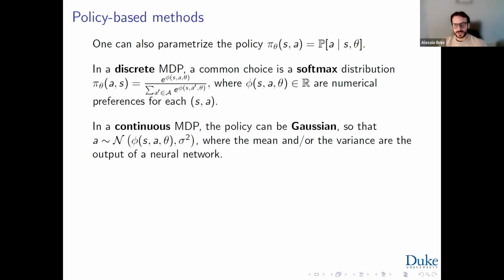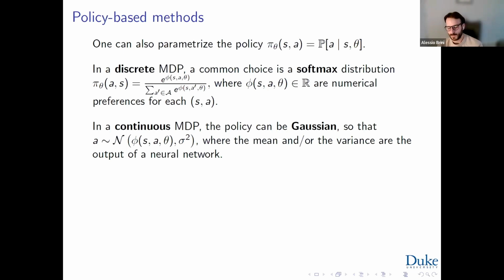Or, most of the time, when you work in a continuous setting where your action needs to be a real value, the policy is parameterized as a Gaussian. So you essentially are trying to learn through a reinforcement learning agent the mean and sometimes also the variance. So you're trying to learn the parameters of a Gaussian so that you can sample actions from the Gaussian.